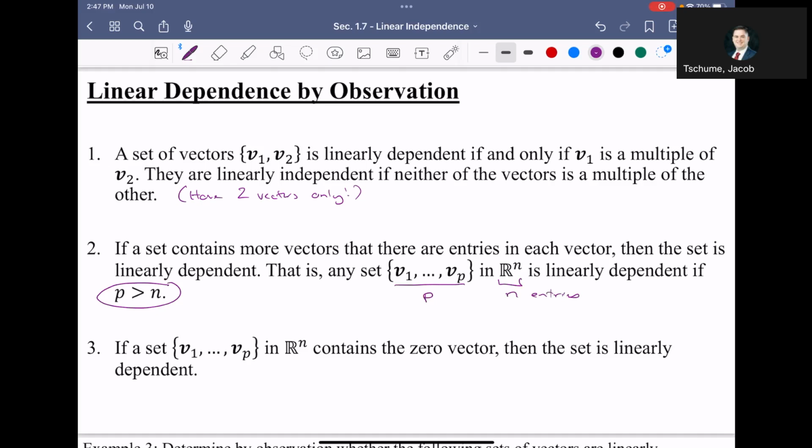A simple example would be 5 vectors where each vector only has 4 entries. Immediately, without doing any work, I know that they're going to be linearly dependent.